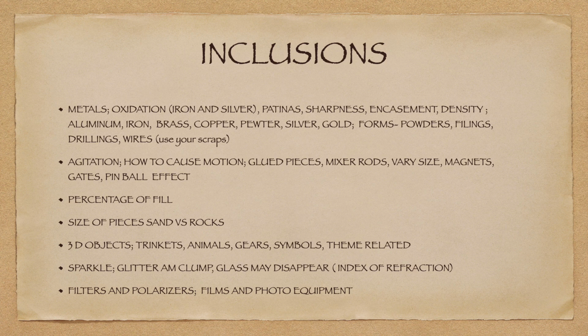Sometimes you can use several types of torch-worked clear rods and glue them together with UV glue to have kind of a scaffolding. So when the object case is rotated, the smaller objects such as seed beads and glitter, etc., fall through this scaffolding in interesting motion effects.